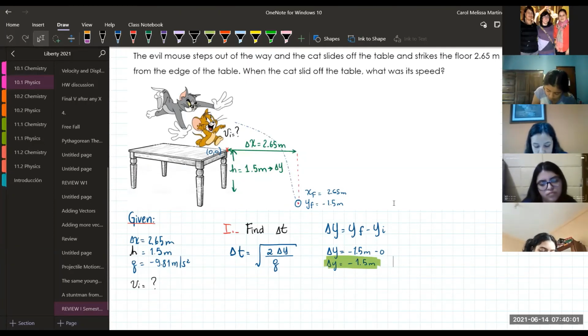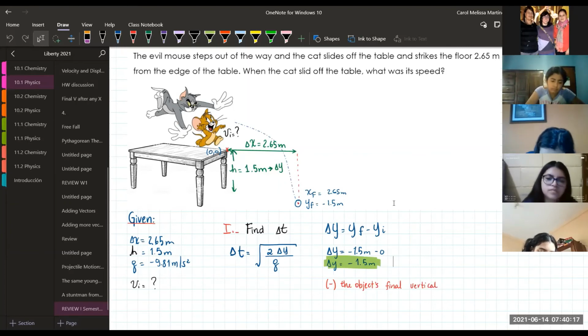The negative means that the object's final vertical position is below the initial position. Guys, I always write this, okay? So keep that in mind.